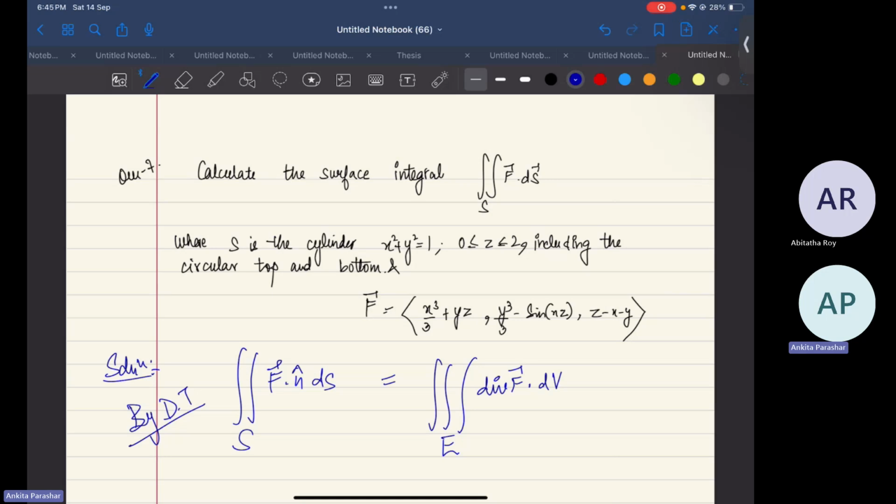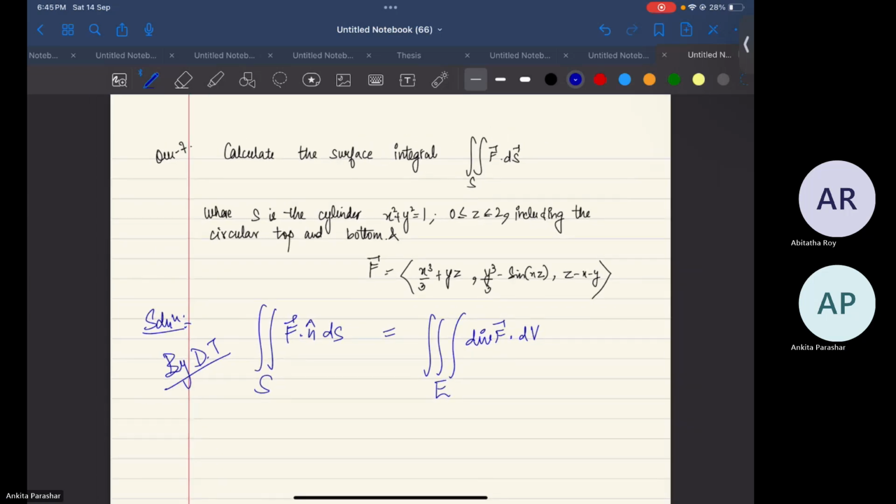We want to enclose that region, from radius 0 up to height 2, we have to write all these cylinders, and we got a region which I'm calling E. So what is divergence F? Quickly.